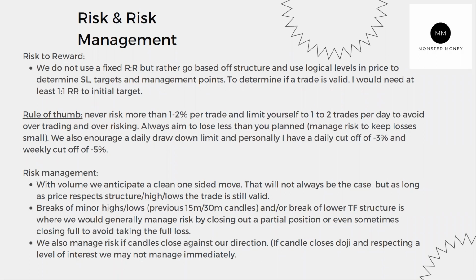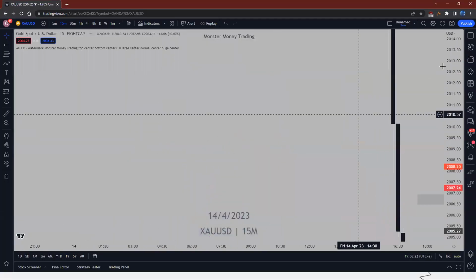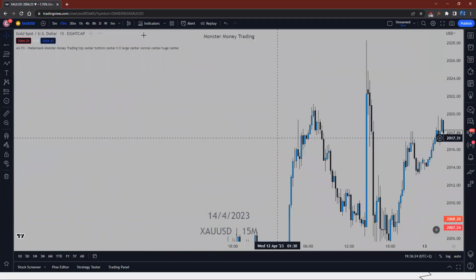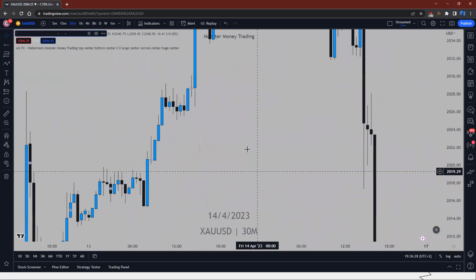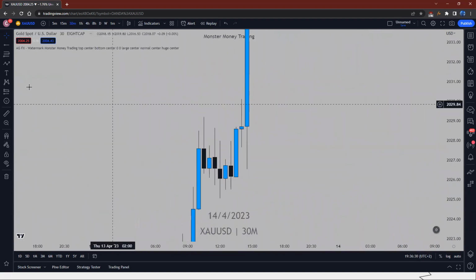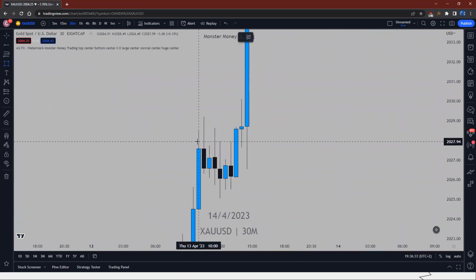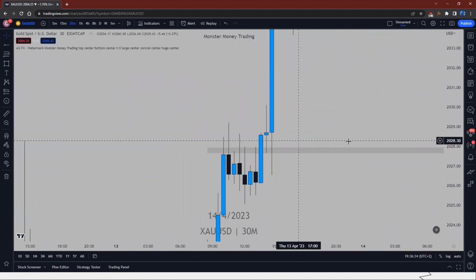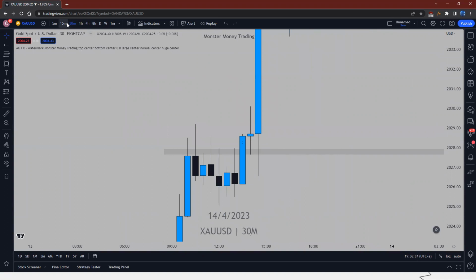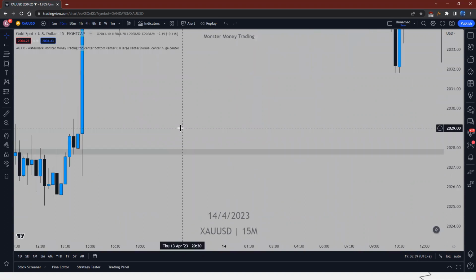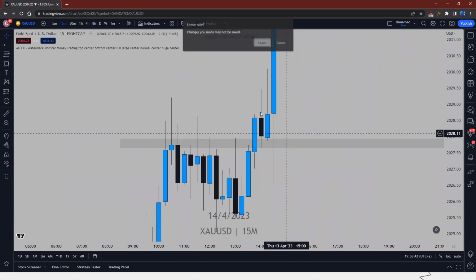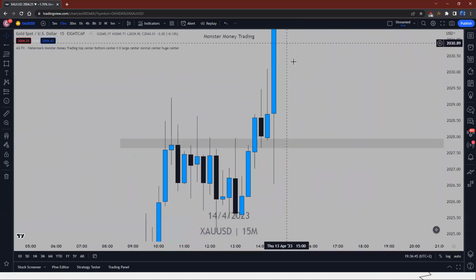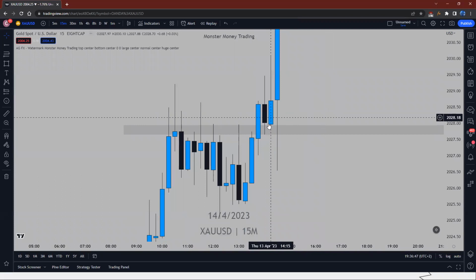So there was actually an example of this that we saw in the charts just now, where if we go back right here, we had this resistance, we had this candle close above, and then we had this 30-minute candle closing doji, but you'd probably see the 15-minute candle there closing bearish. So like I say, that candle closed against our direction here.